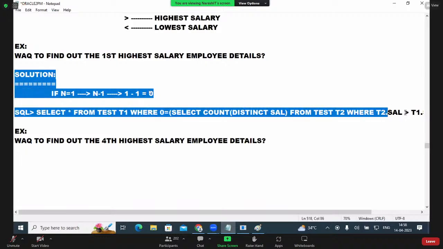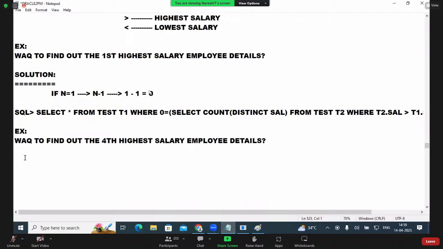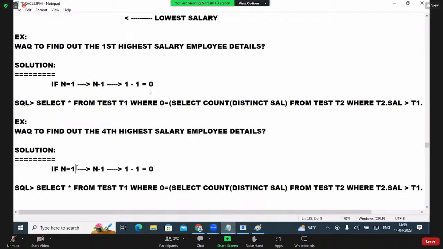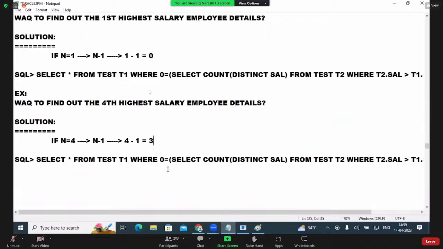Fourth highest means my n-1 value is how much? So here n is equal to 4. n-1, that is 4 minus 1 equals 3. And the 3 I just substitute here, then your output will come to you. Write it down.